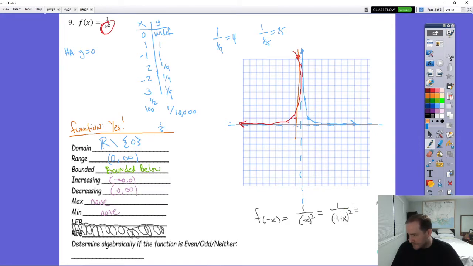I'd want you to really show me this. But this would become 1 over -1 squared times x squared. And at this point, the -1 squared can just become 1, essentially go away. You get your 1 over x squared, which is exactly the original function f of x. So therefore, f of x is even.